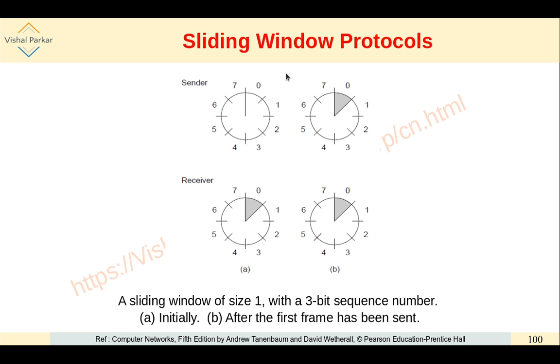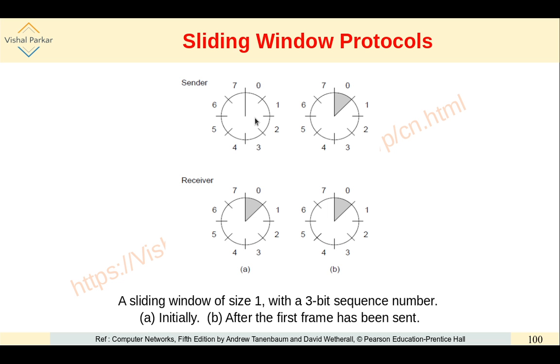So this is a diagram that depicts how the sliding window is used. Now this is the sender and this side is the receiver, where figure A is in the first column and figure B in the second, depicting two different things. This is a sliding window of size 1.